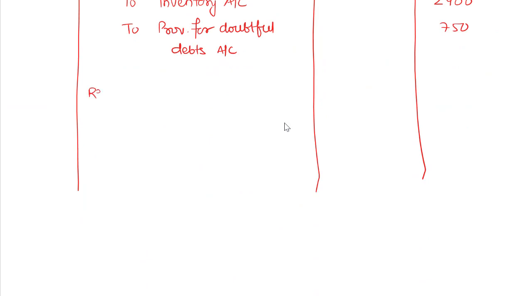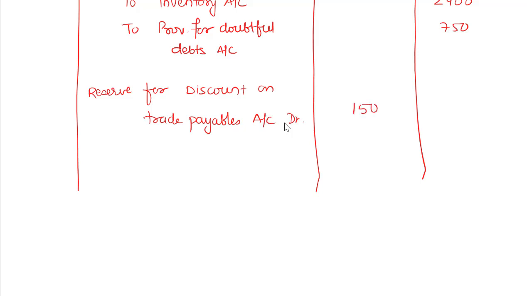So reserve for discount on trade payables account debit 150, to profit and loss adjustment account 150. I believe you understood.